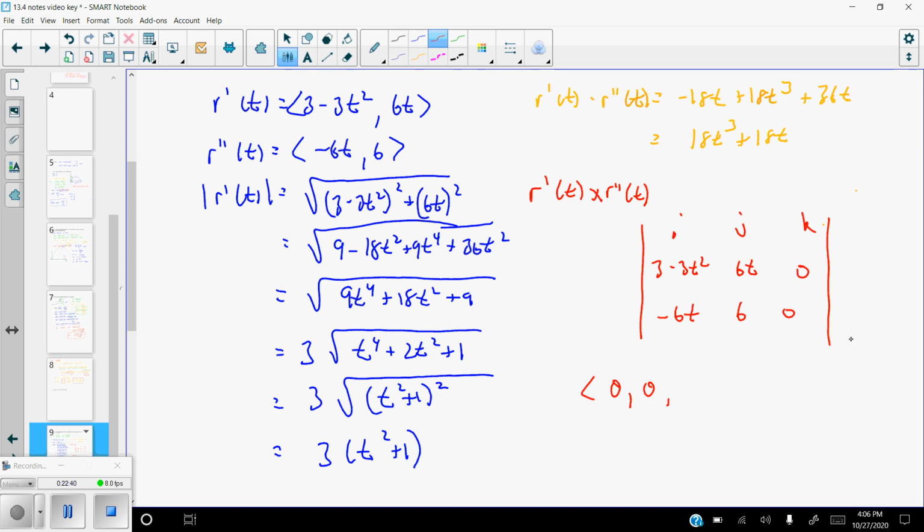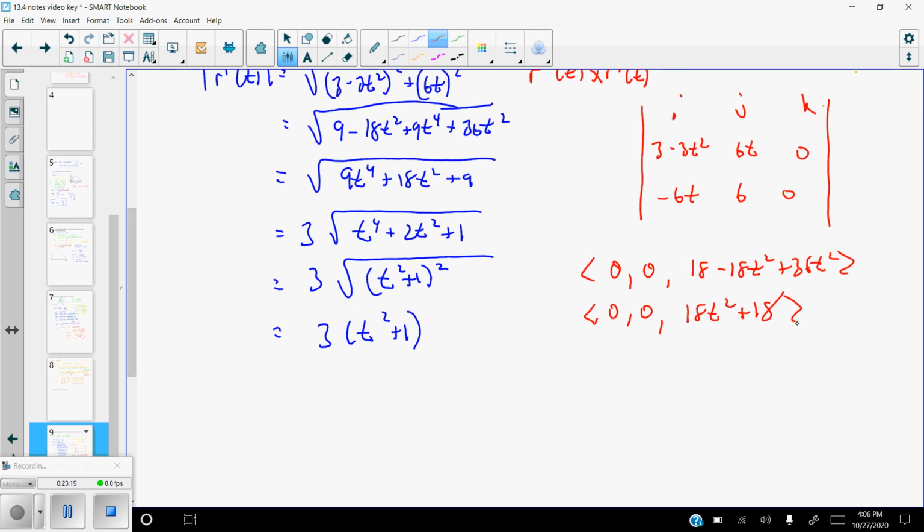Eliminating the k row and column, we are going to get 18 minus 18t squared, minus the minus, so plus 36t squared. Simplifying that, 0, 0, looks like we're going to get 18t squared plus 18. If I did that right, that looks right.